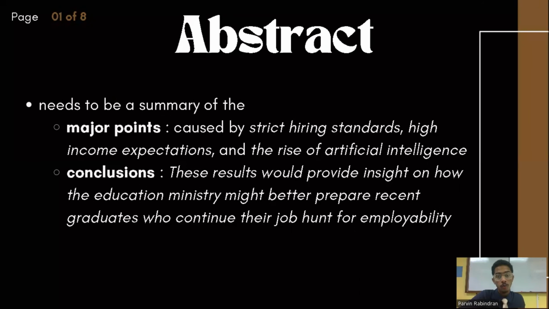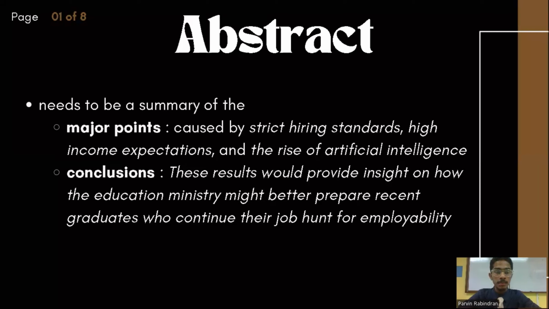It is also always preferable to write this as the final part so that we can include everything, including any last minute additions. So, as you can see in this report, a summary needs to include all the elements such as the major points, which is the line that states caused by strict hiring standards, high income expectations, and the rise of artificial intelligence.